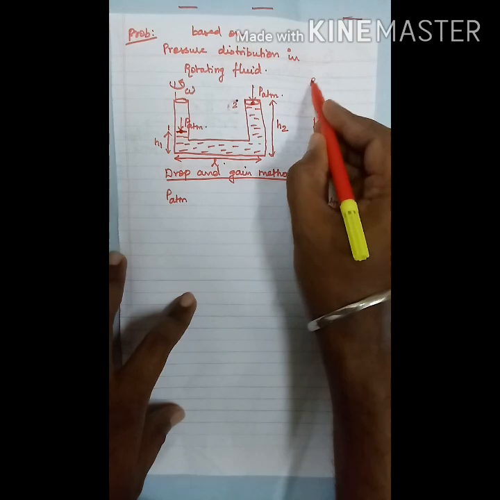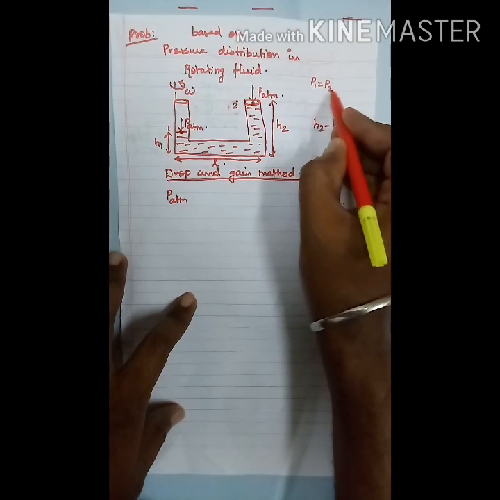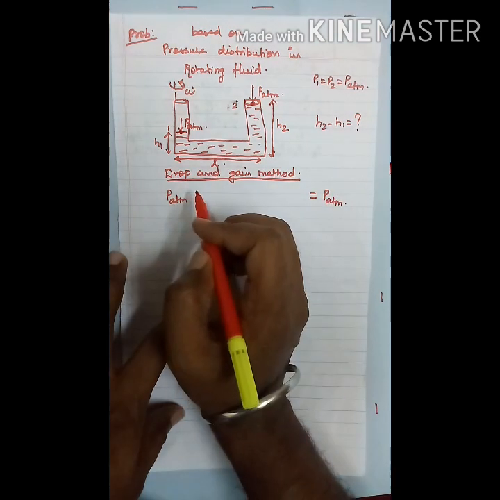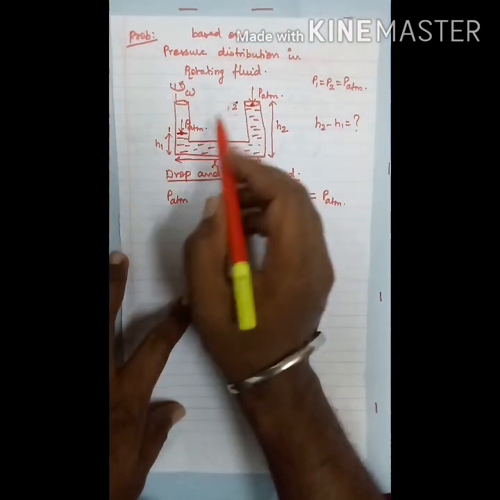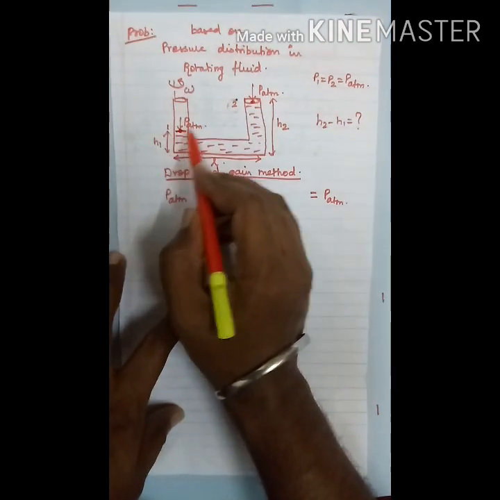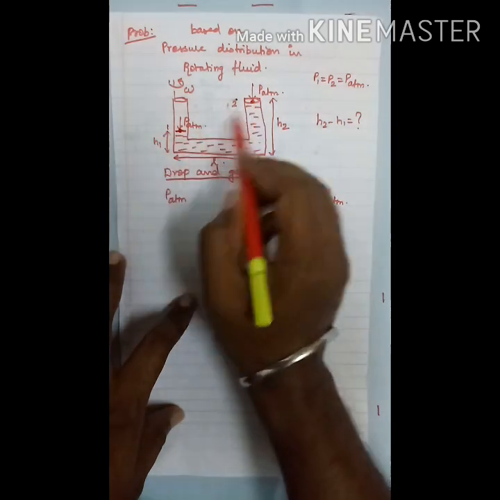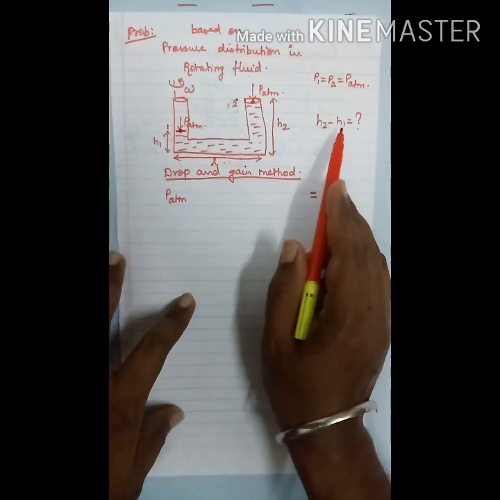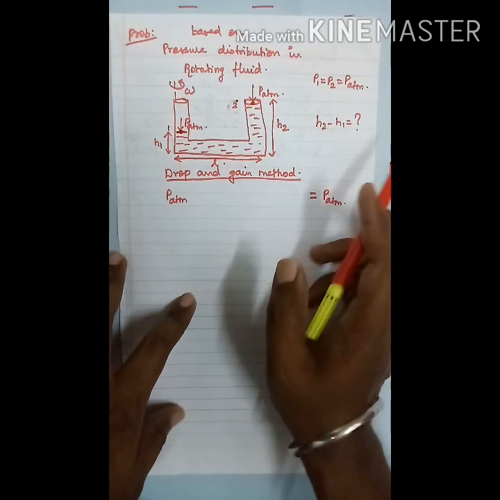Here P1 is equal to P2, that is equal to atmospheric pressure. So in both the limbs, at the surface, we have the same atmospheric pressure. Using this concept, we are going to determine the difference in the height of the two limbs.